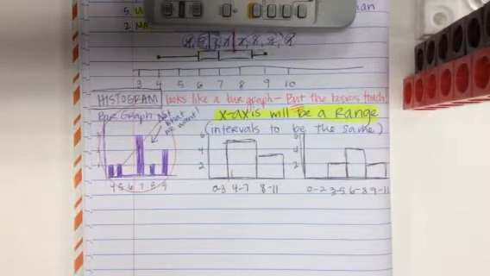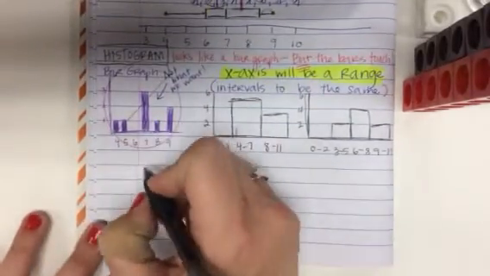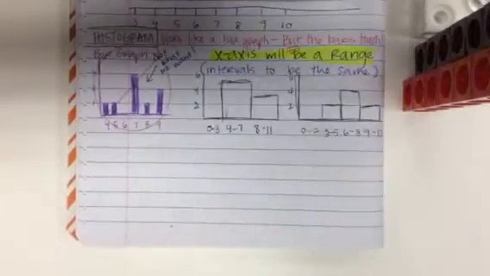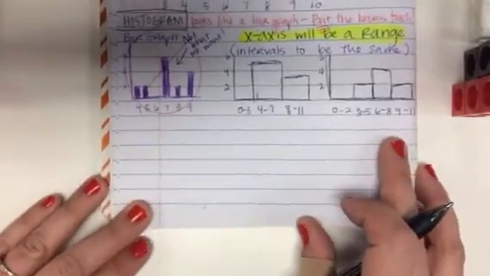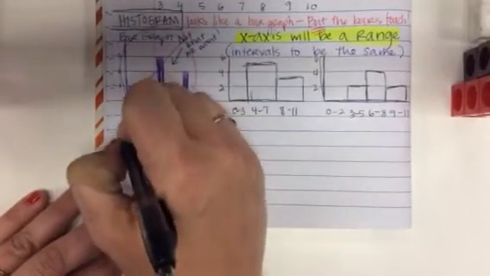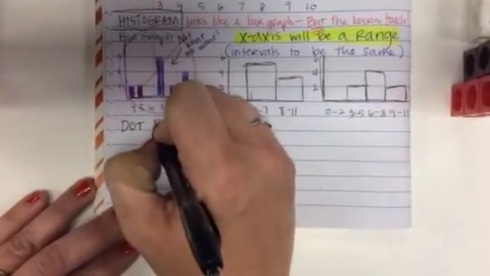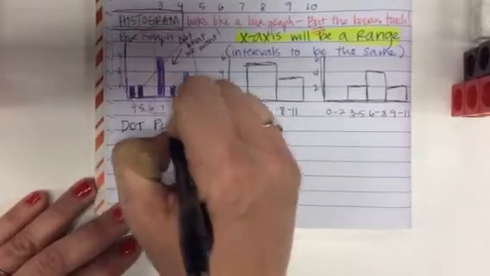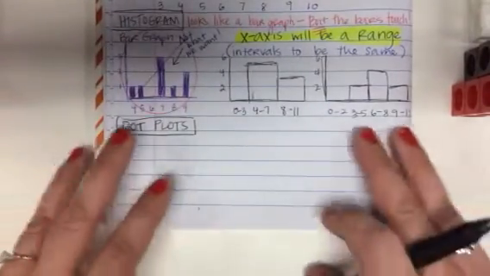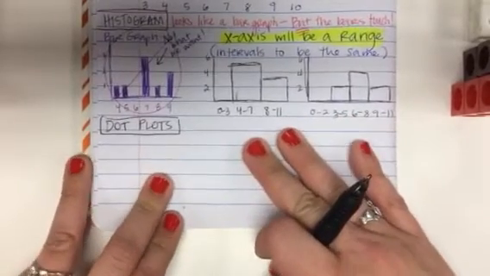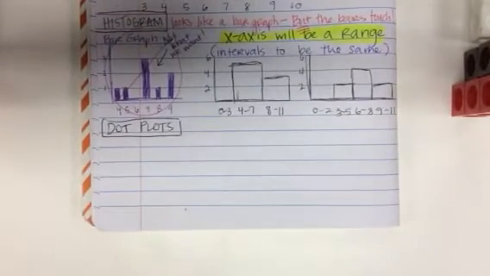The last type of graph we're going to talk about today are dot plots. And there are a couple types of dot plots, or maybe they're not necessarily dot plots, but they're very similar, so I consider them the same.